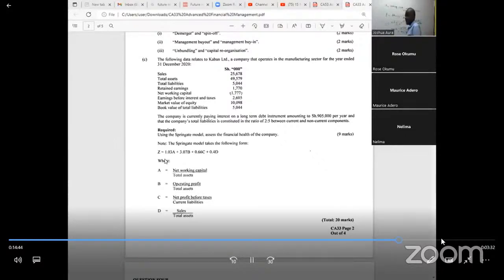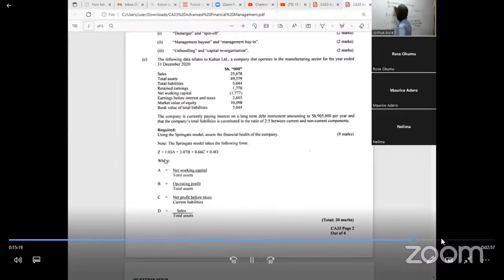So they're giving us here that Z equals 1.03A plus 3.07B plus 0.66C plus 0.40D. So then, ladies and gentlemen, what should we do to be able to get our Z?